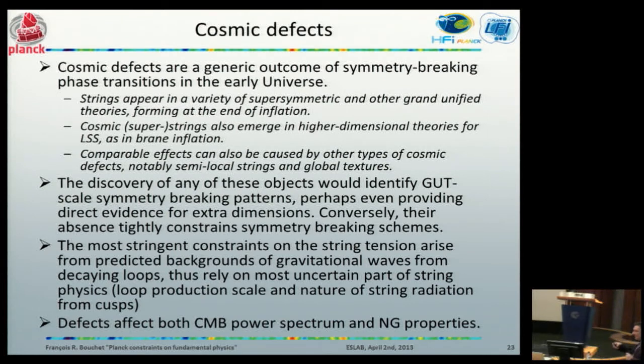Well, we know from the turn of the century that this cannot be the case. We do see the adiabatic fluctuations, and that was the end of it as a theory of structure formation. Still, they are pretty natural, and it's interesting to see whether we see any indication of strings, and if they were detected, they would tell us, in particular, the pattern of succession of symmetry breaking that leads to our current universe.